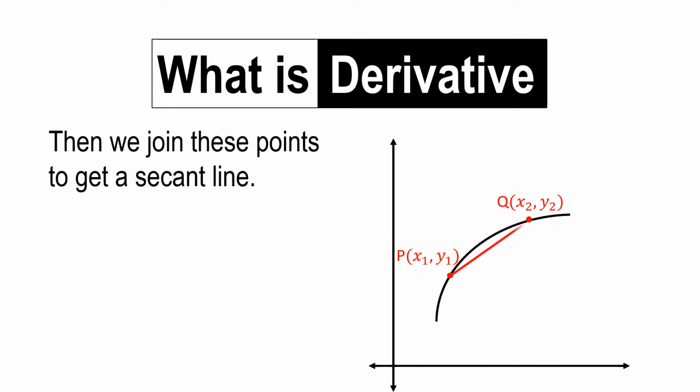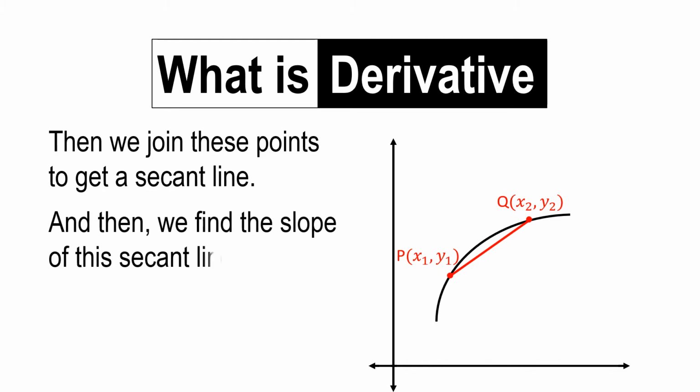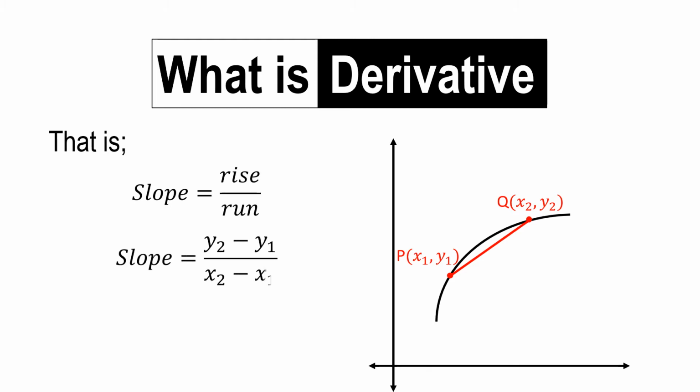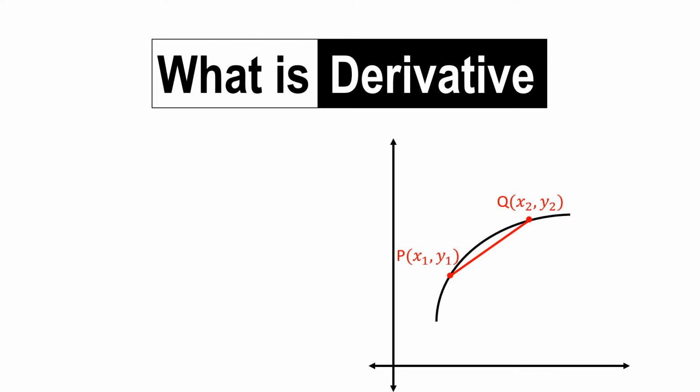Then we join these points to get a secant line. And then we find the slope of this secant line using two-point formula. That is, slope is equal to rise over run, and slope is equal to y2 minus y1 divided by x2 minus x1.